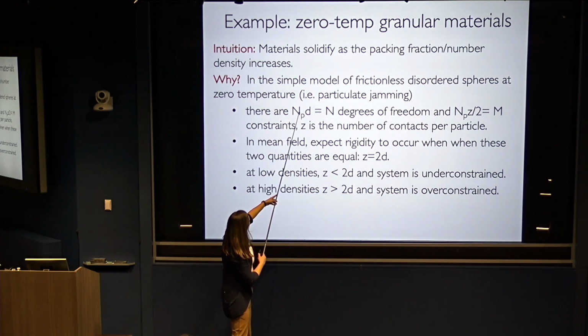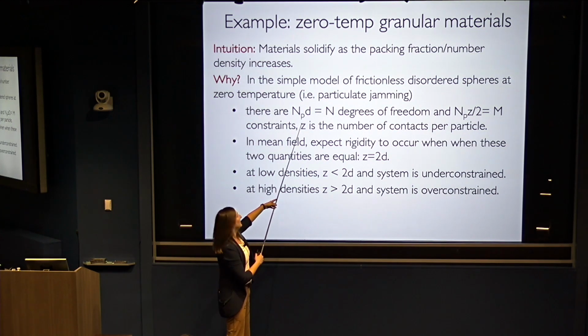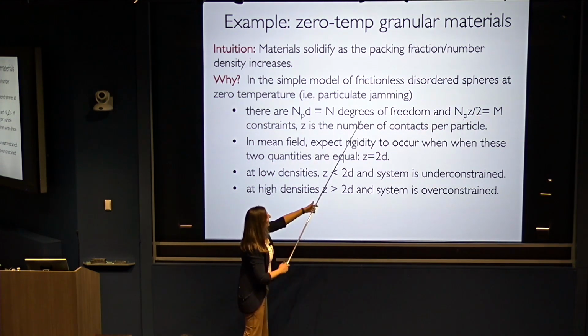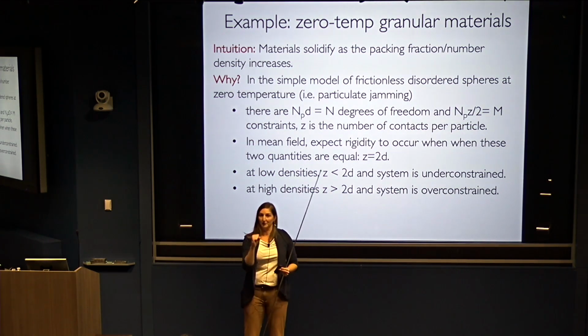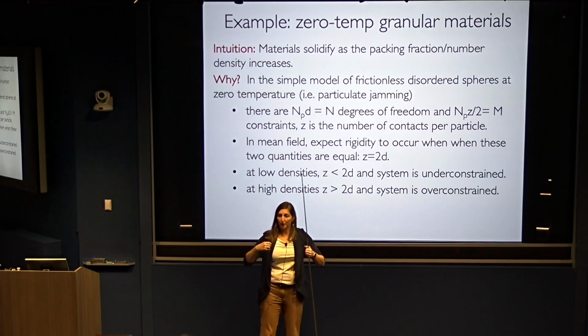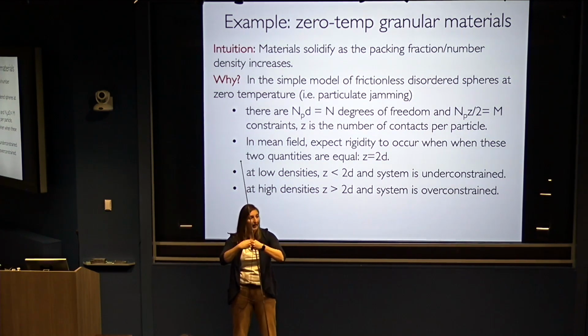So if I have NP number of marbles, NP number of particles in D dimensions, so here D is 3, but you can do this generally, that's the number of degrees of freedom, because each particle can move in each of the dimension of directions, right? That's the number of degrees of freedom. And when two particles come into contact, that creates a constraint on their motion.